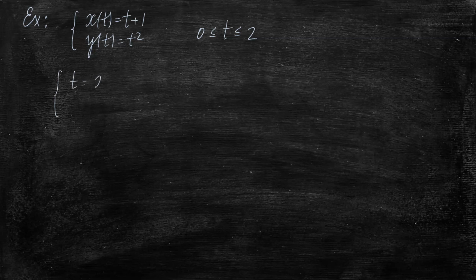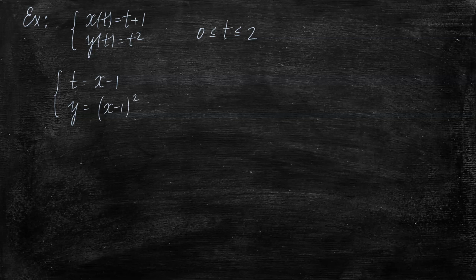Let's sketch the parametric curve given by the following set of parametric equations using the elimination of the parameter. So first I'm going to isolate t in the first equation, so t would be equal to x minus 1, and then I'm going to replace t in the second equation with the expression that we obtained for t.